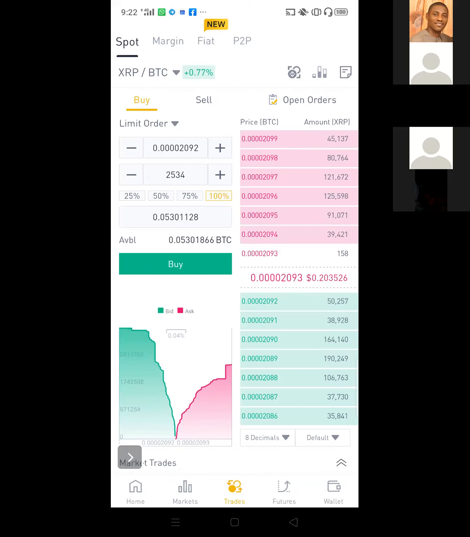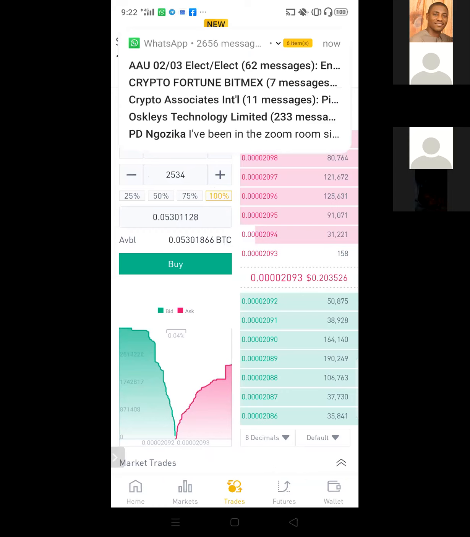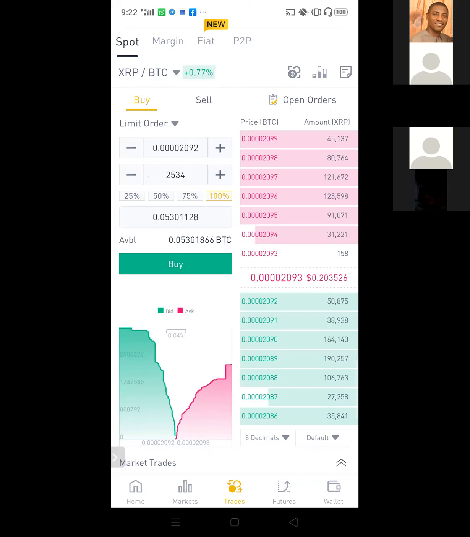It means if I use the Bitcoin that's available on this account now to buy XRP, I will get 2,534 units of XRP with that volume.